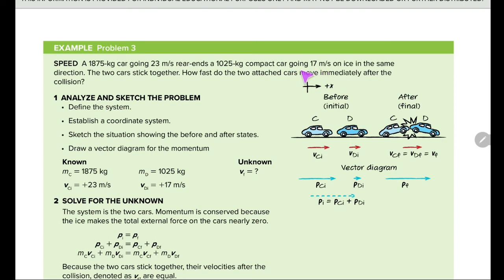This car is going 17 meter per second in the same direction, so we have a positive 17 meter per second. How fast do the two attached cars move immediately after the collision? So we need to find V final after the collision.